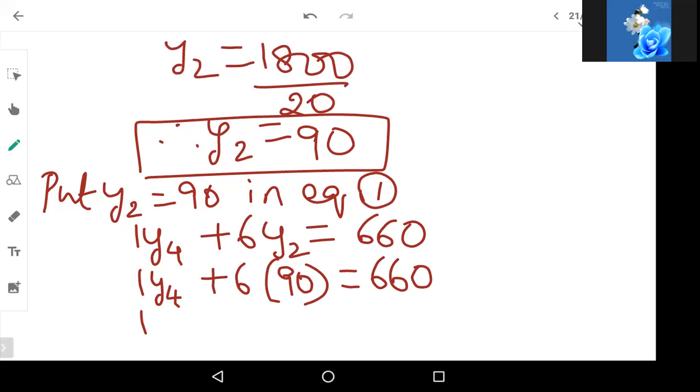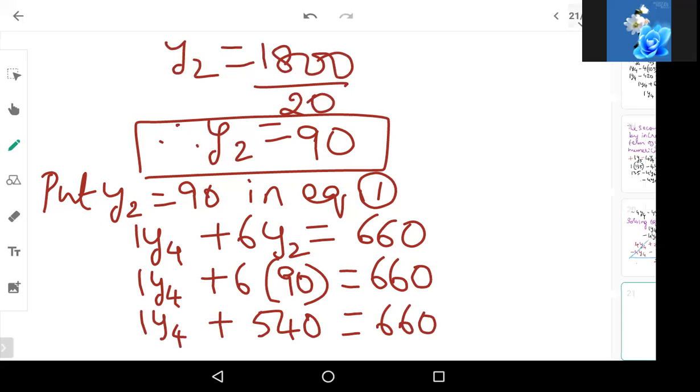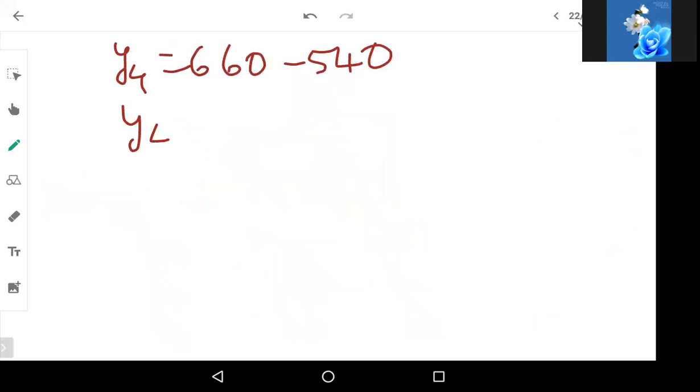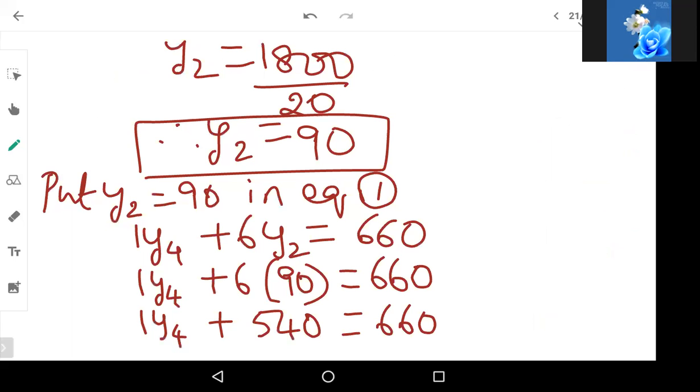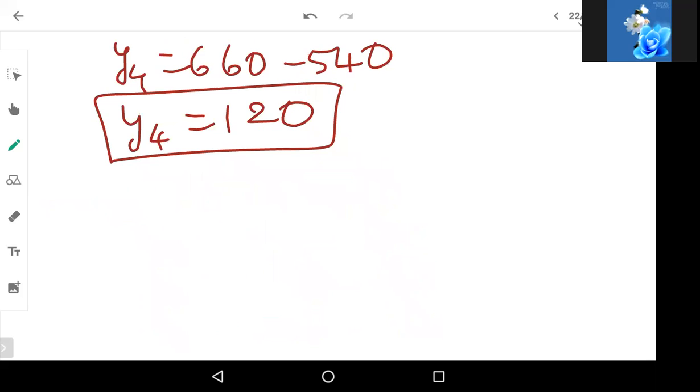Now 1y4 plus 540 is equal to 660. In the next step, y4 is equal to 660 minus 540. So y4 is equal to 120. So we have got the value of y2 and we have also got the value of y4.